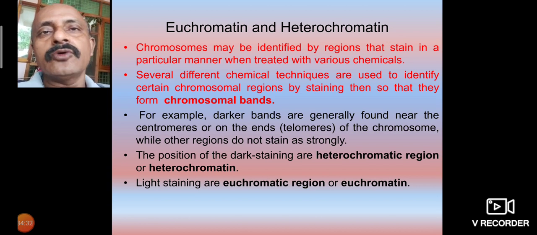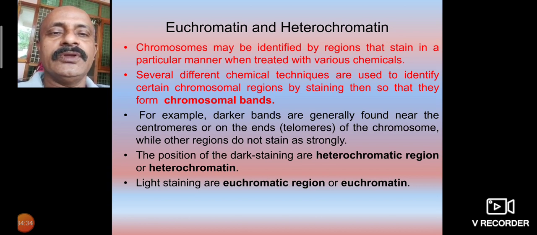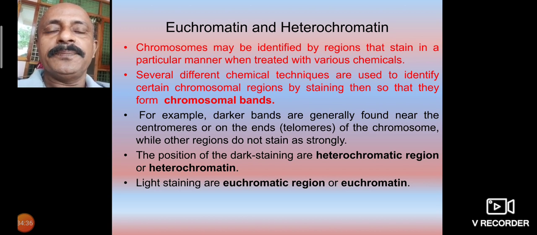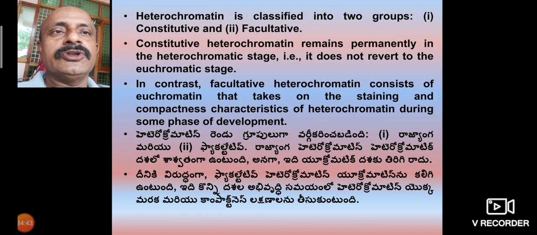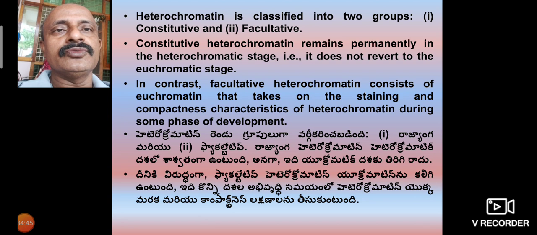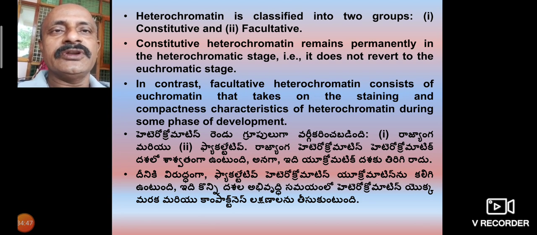Sometimes the patches appear light, and that is called euchromatin. Heterochromatin is classified into two groups, constitutive and facultative.